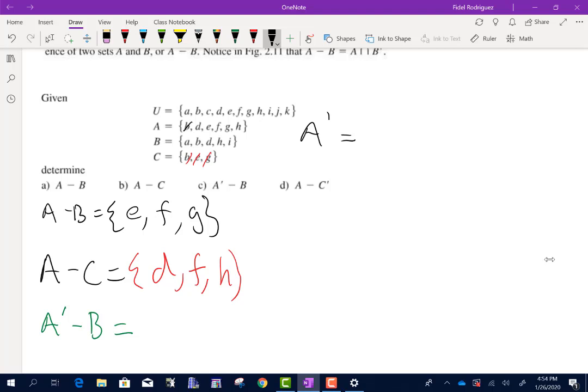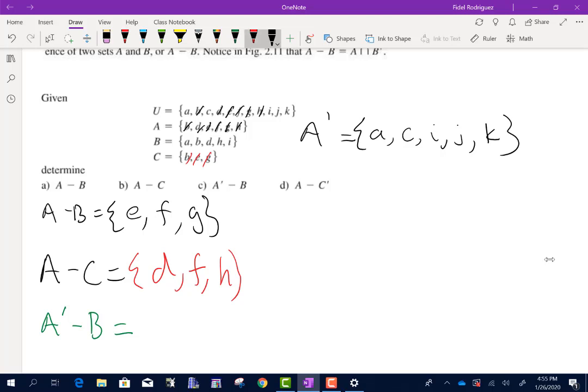So I don't want the letter B. I don't want the letter D. I don't want the letter E. I don't want the letter F. I don't want the letter G. And I don't want the letter H. So then A complement will be the letters A, C, I, J, and K. Okay.